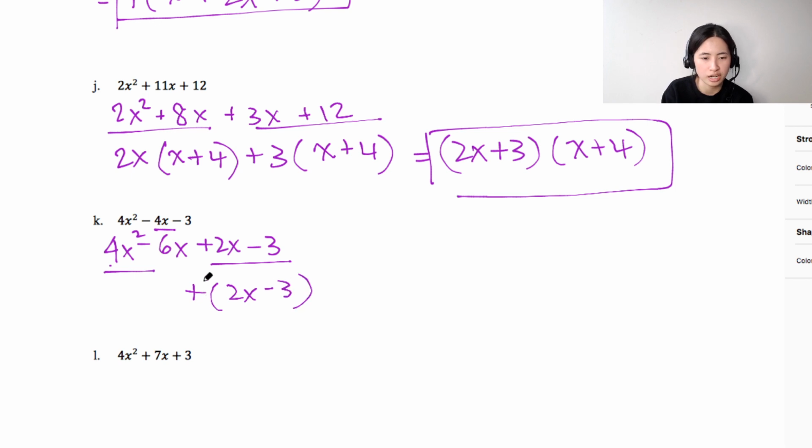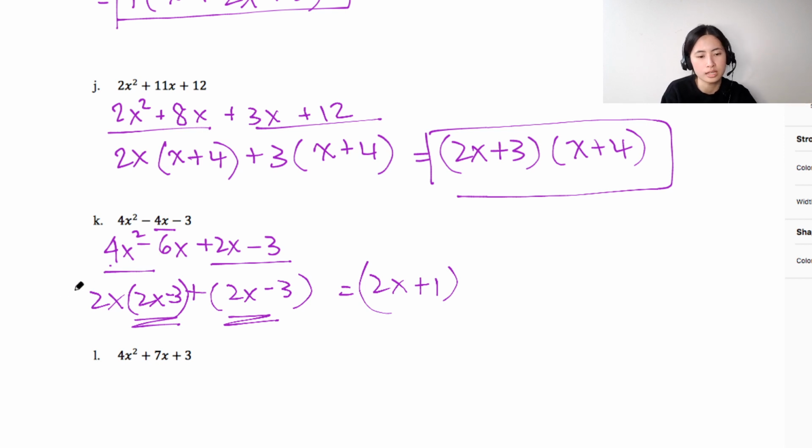The coefficient here is 1, but for this, you do have a greatest common factor, which would be 2x. Taking out 2x would give you 2x over here, and this is minus 3, because 6x divided by 2x is negative 3. Because these two are like terms, we can say that this is equal to 2x plus 1, then you multiply this by 2x minus 3.